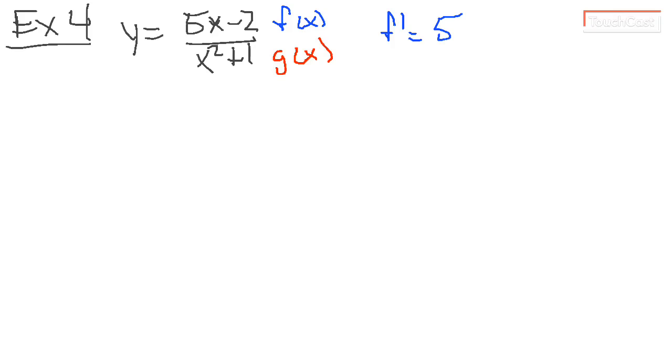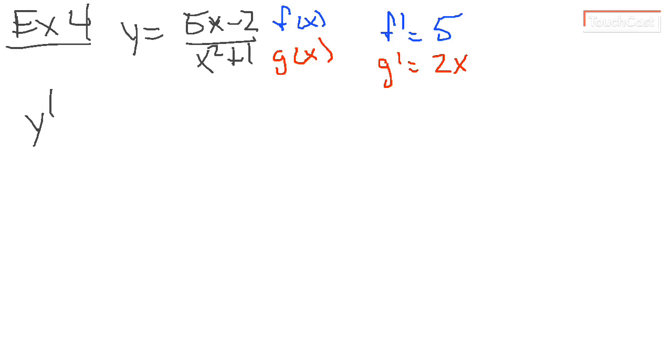G prime, we're going to take the derivative of x squared plus 1. We're going to get 2x. So now we can use that formula from theorem 2.8, where the derivative of y, when we're finding y prime, it's going to be g times f prime.